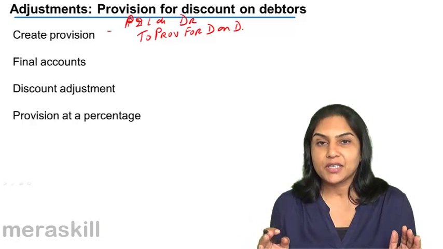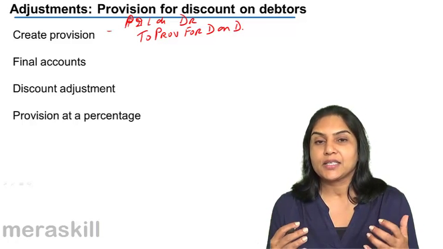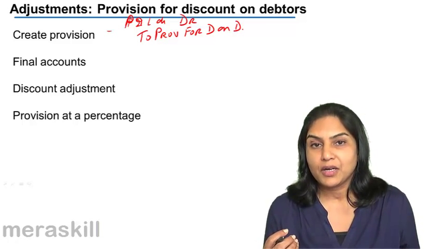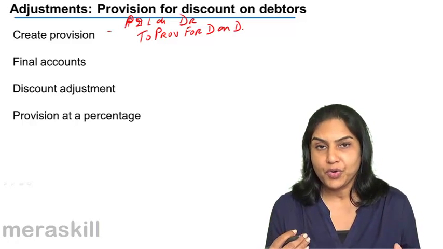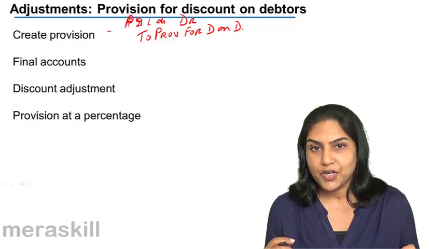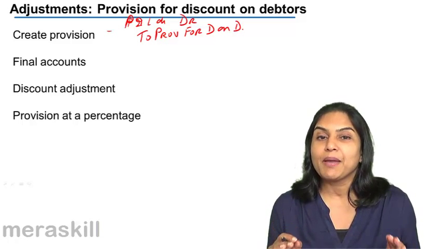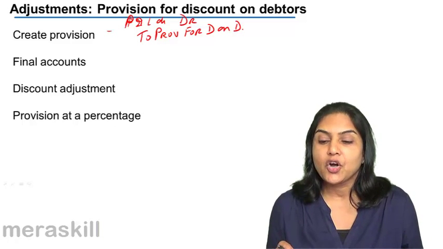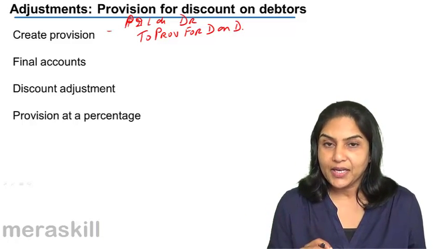If we have a certain balance of good debtors, and we expect that some amount of discount will be offered to them, discount when we offer to our customer is a loss for us. Since we expect this to happen in future, we may make a provision for it called provision for discount on debtors. How do we create the provision?